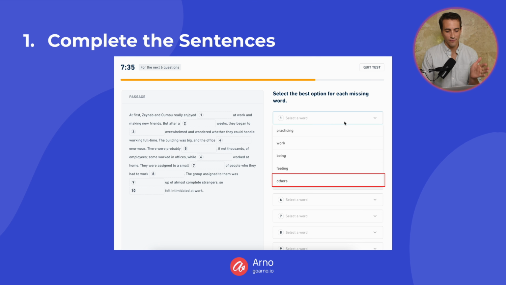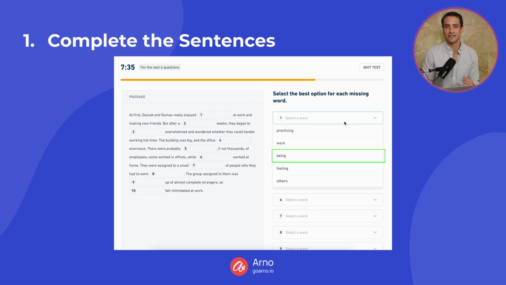Okay? So at first, Zainab and Omu really enjoyed being at work and making new friends. Or at first, Zainab and Omu really enjoyed others at work and making new friends. Both are fine. They work grammatically. They make sense. However, being is the stronger option. That is the one that makes slightly more sense, is a little more natural.